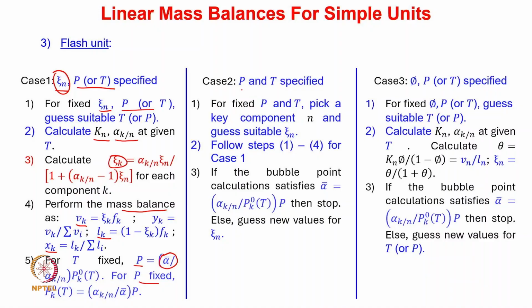In case 2, instead of taking the split fraction fixed, we take pressure and temperature specified. Remember, in this case we have 2 degrees of freedom.